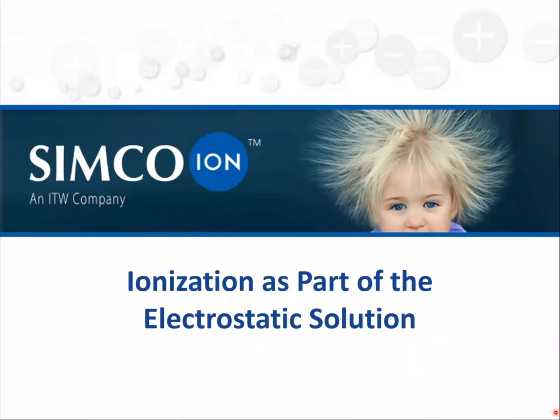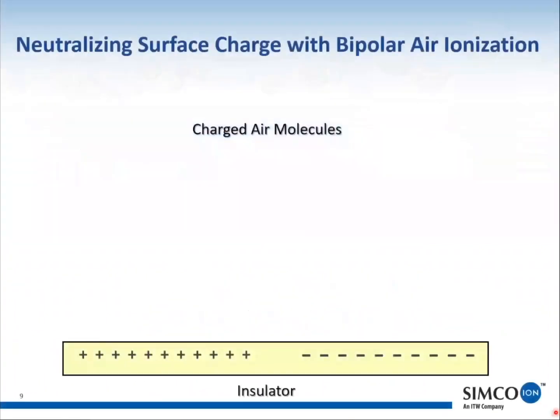So ionization is part of the electrostatic solution. It's not the whole solution, it's just part of it, but it's a critical piece. If we have an insulated material here, you may have seen in the previous classes that an insulated material can have positive charge or negative charge or both. One piece of plastic can have islands of charge on both sides, or both polarities.